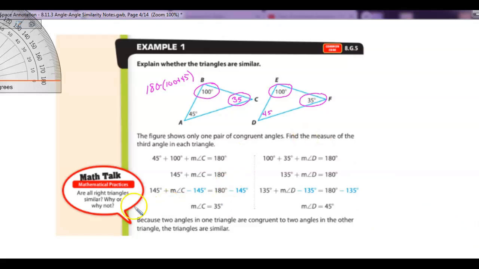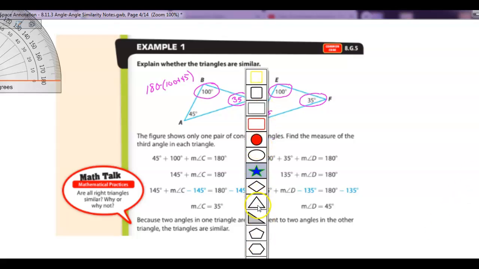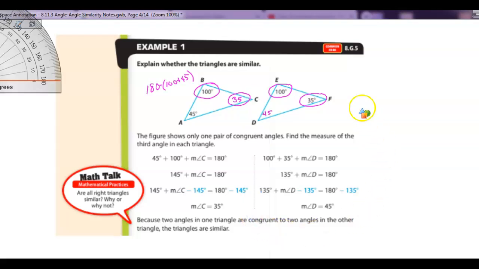Okay? They want to know if all right triangles are similar, why or why not. Think about it. If I have a right triangle, let's see if I can draw one here. A right triangle. So if I have this right triangle and I have this right triangle, we want to know, are they always going to be the same?